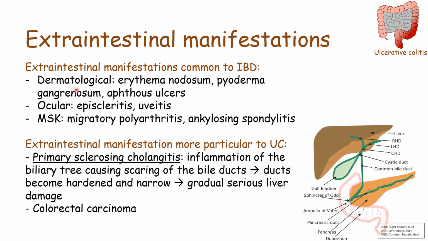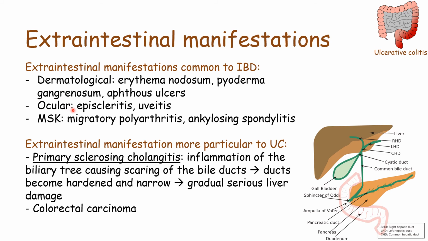We have pyoderma gangrenosum. This is a rare condition that causes large, painful ulcers to develop on your skin, and it is seen most often on patients' legs. And then aphthous ulcers are ulcers that develop commonly in your mouth. So it's good to examine the patient's mouth when you're suspecting IBD.